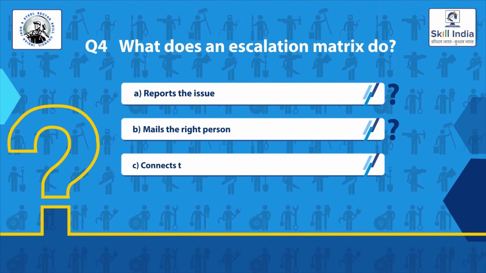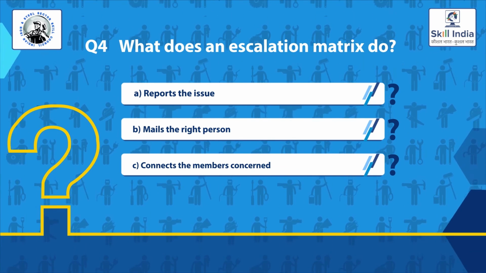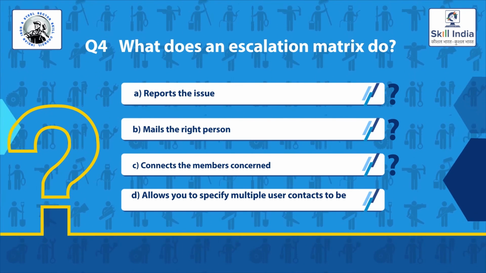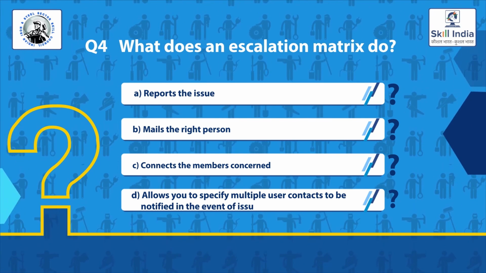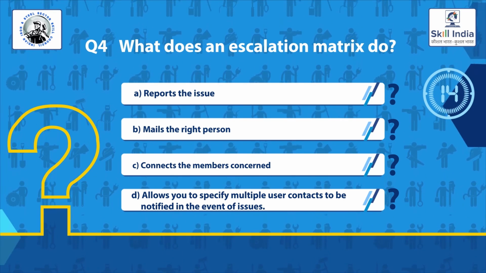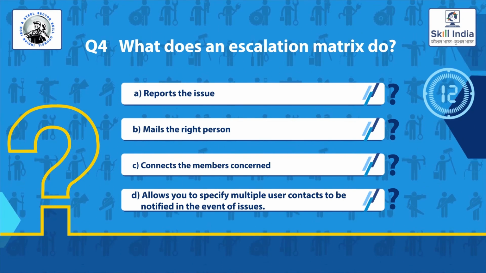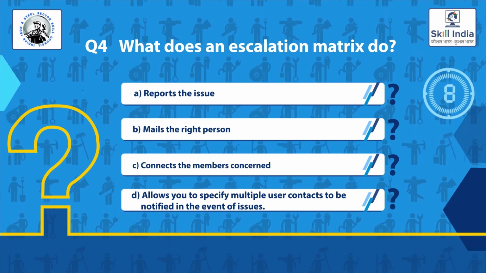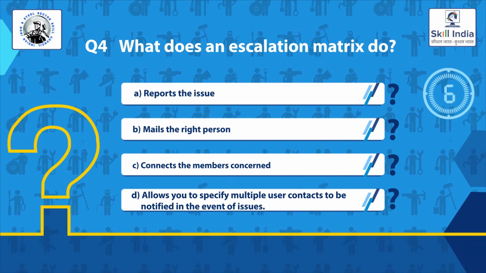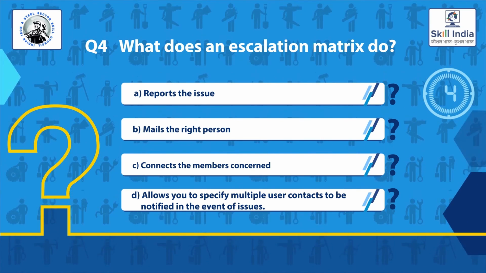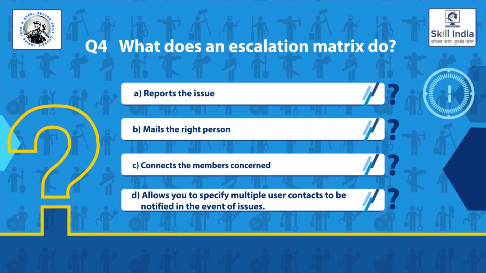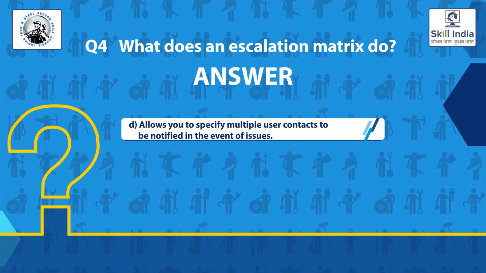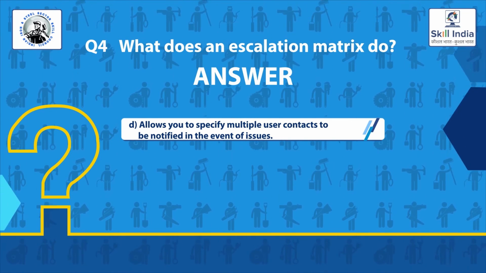Option C. Connects the members concerned. Option D. Allows you to specify multiple user contacts to be notified in the event of issues. Answer is option D. We hope you were able to find the correct answers to the questions. All the best for the coming sections.